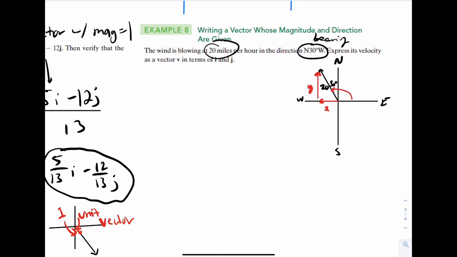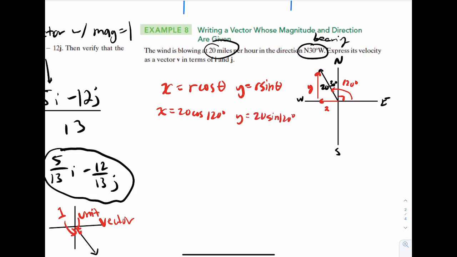This rotation is 120 since we know quadrant 1 is 90. And recall our polar pieces, right? x is equal to r cosine theta, y is r sine theta. r here is 20, x is 20 cosine 120, y is equal to 20 sine 120.